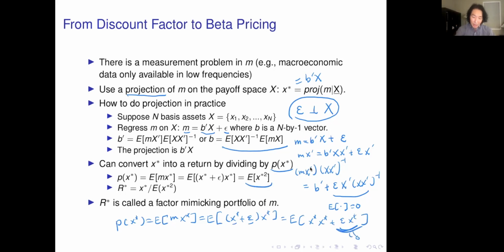Okay? And then we get return as the payoff divided by the price, where the price is given as here. And this R star is called a factor mimicking portfolio of M. In other words, how do we get a factor mimicking portfolio of some stochastic discount factor? You first regress the stochastic discount factor on the basis assets, and the linear combination of those basis assets, or linear regression, is the factor mimicking portfolio.